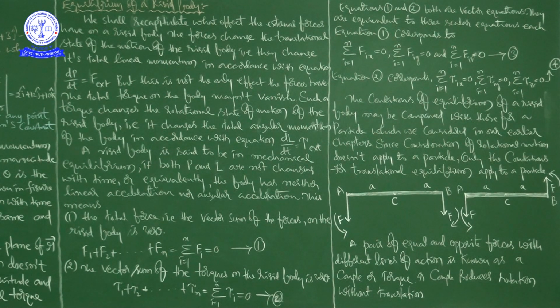Only the conditions for translational equilibrium apply to a particle. Thus, for equilibrium of a particle, the vector sum of all the forces on it must be 0, because since all these forces act on a single particle, they must be concurrent.